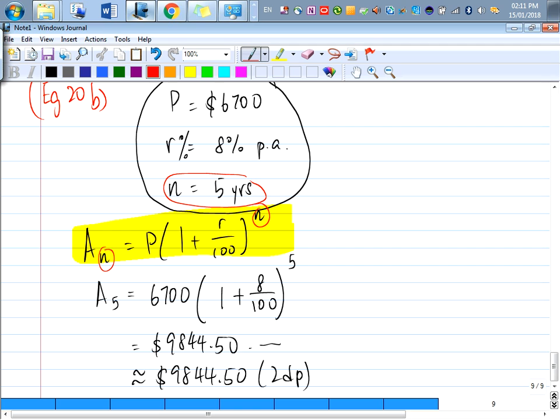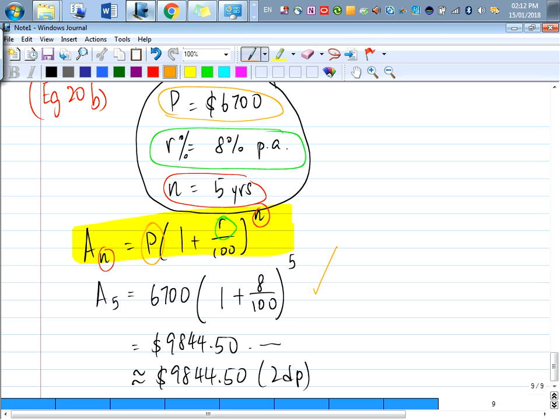We also know that R is equal to 8, so over here I have an R, replace it with 8. Then I have my principal, which is 6,700. Replace this with 6,700. Just by substitution, I will be able to get this line. Okay so far?